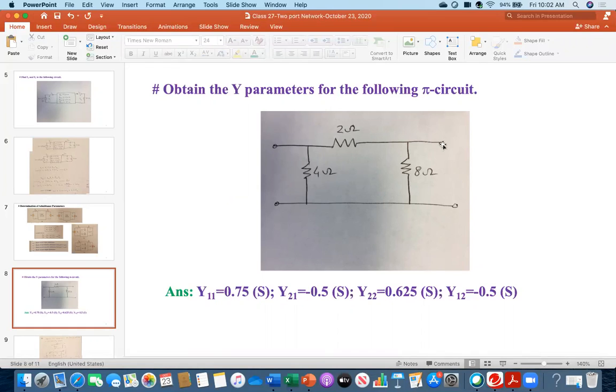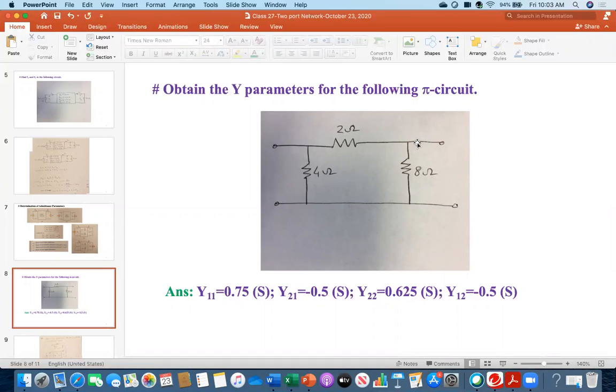The same thing when you will be considering the right side, where the current source is present but this side is shorted out. Left side shorted out means your 4 ohm is shorted out. So this means in that case current will enter through the 2 ohm. That you have to find out. This means this is your total current I2 that is getting divided into two parts. Some goes through 8 ohm, some goes through 2.